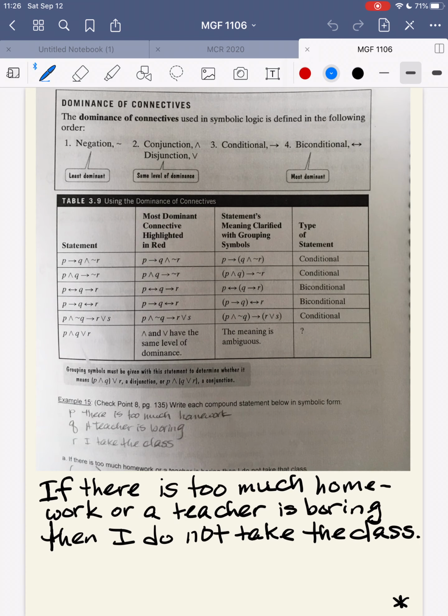Our conditional, and then our biconditional. So our most dominant is our biconditional, because remember, biconditional means both statements must be true on both sides. Then it goes down to the conditional, conjunction, disjunction, and negation is last. All right. And so this takes a little bit of practice with this.